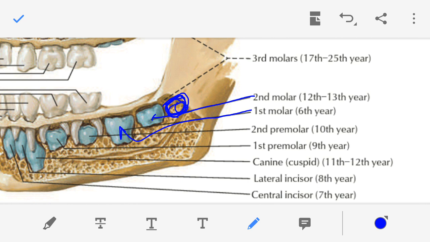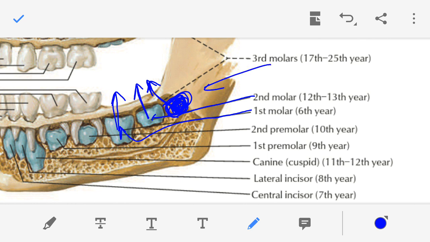But what is happening? This will emerge out. The first molar and second molar are erupting, but there is no space for this wisdom teeth or the third molar to erupt out. So we can say this third molar is impacted in the alveolar bone.